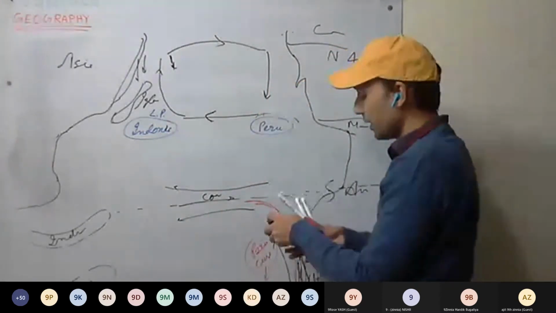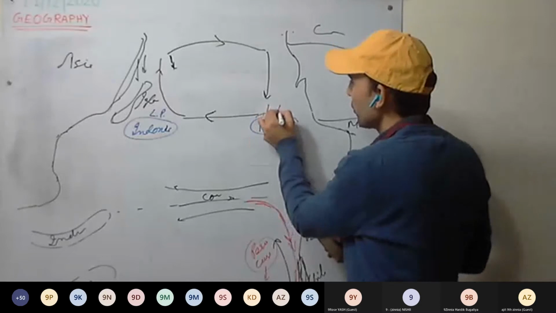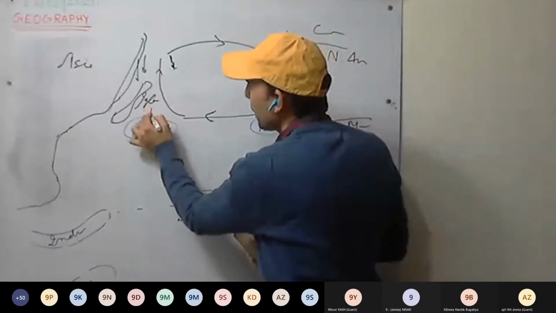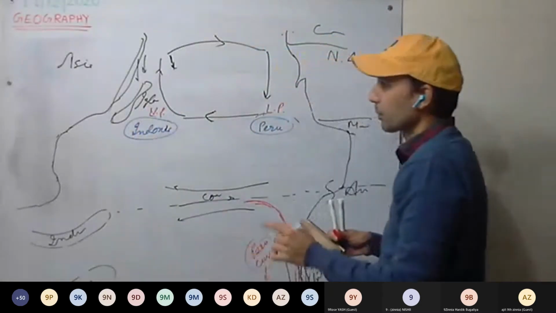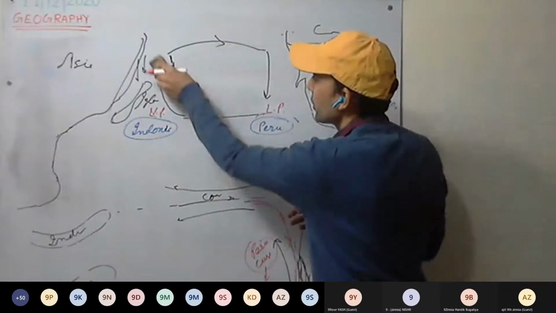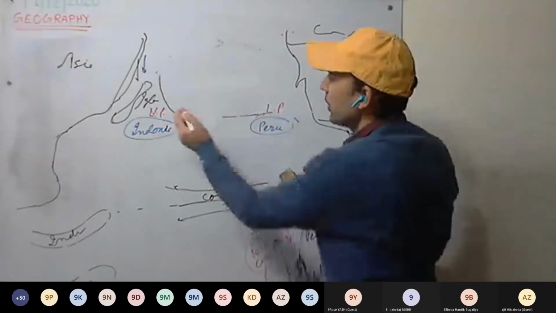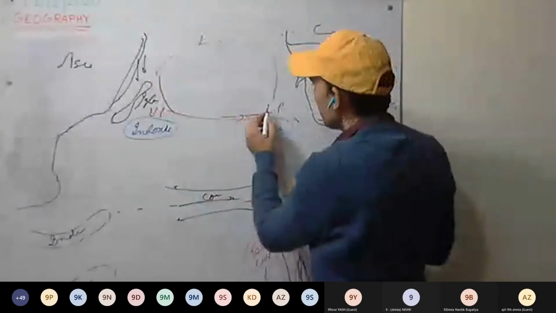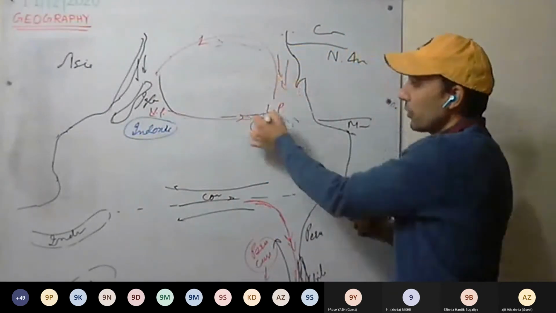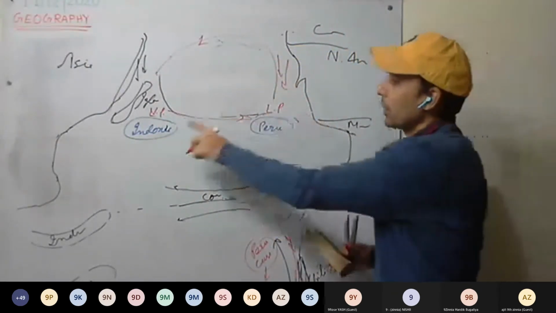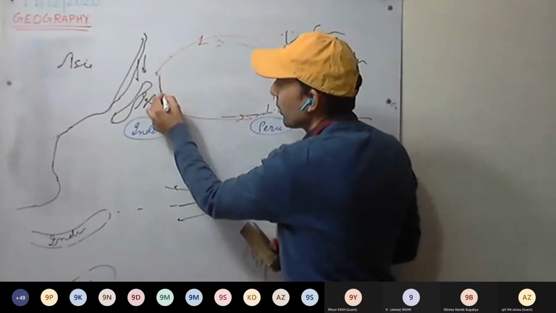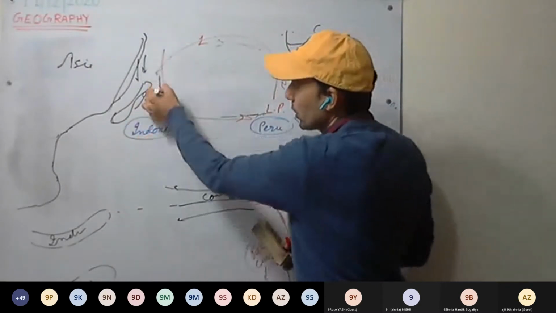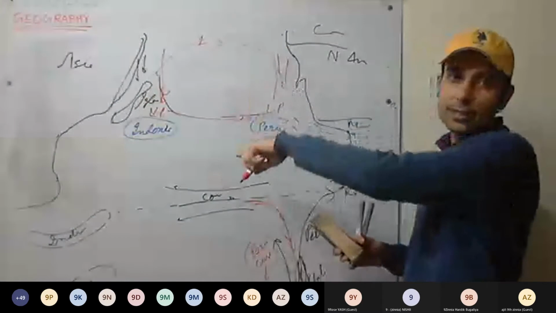This time, near Peru, low pressure will develop and here high pressure will develop. The circulation just reverses, and the wind flows from the other side. So in the Atacama Desert we will have rainfall this time, but in Indonesia we will have a drought-like situation because cold and dry wind is descending.